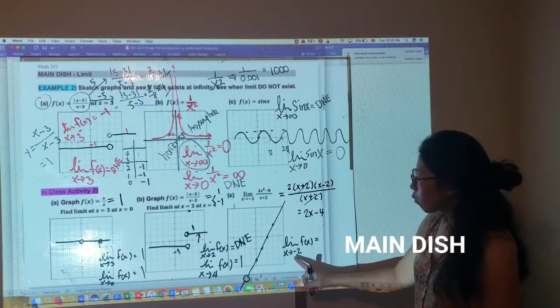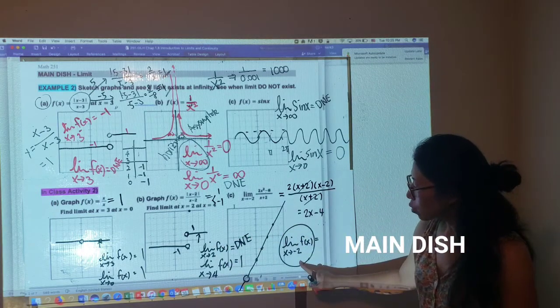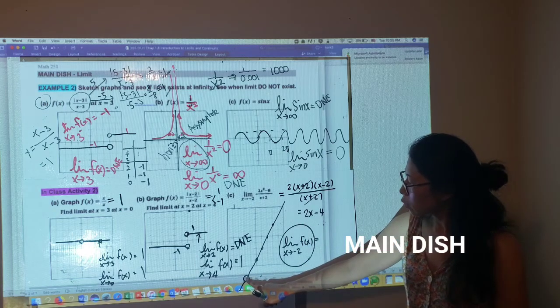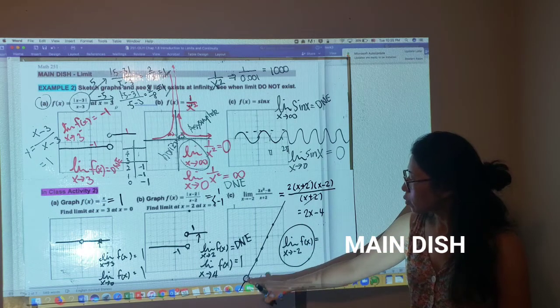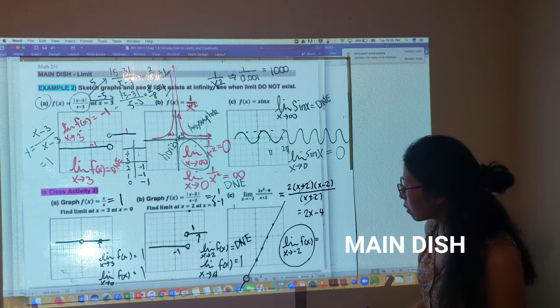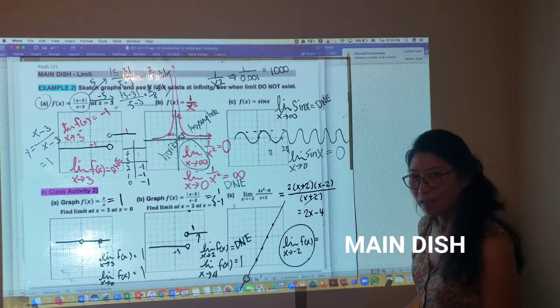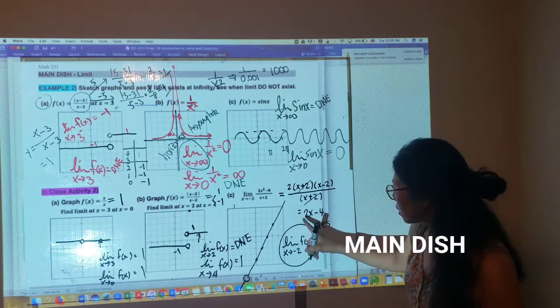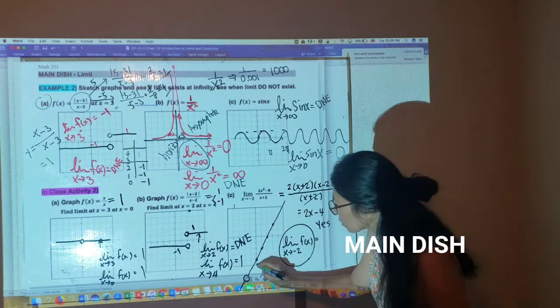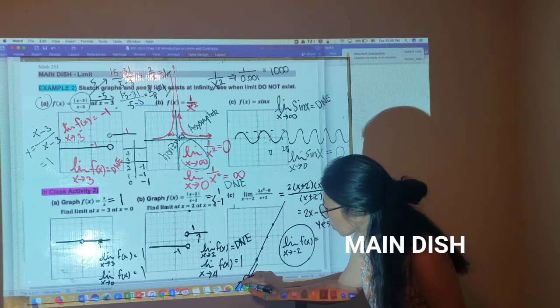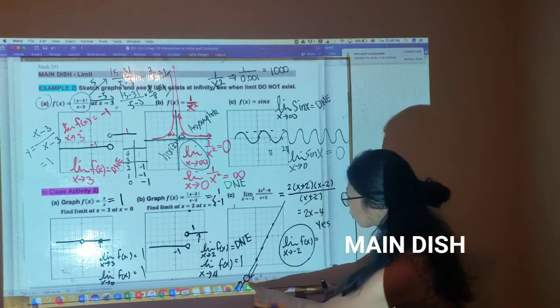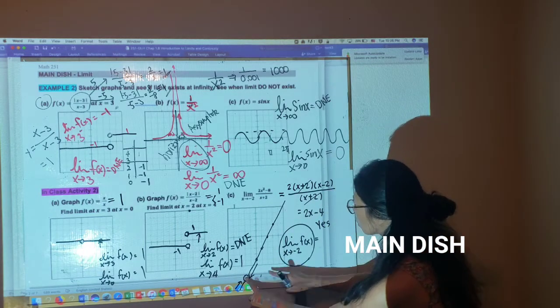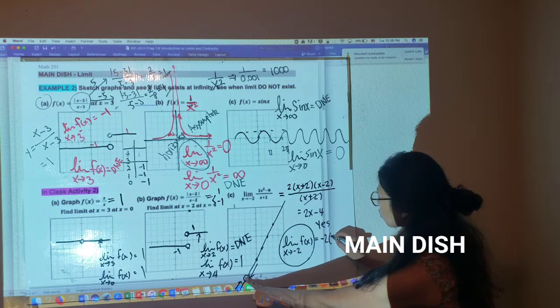Last one: what is the limit at negative 2? When I look at this one, do we have a limit? Yes, we do have a limit, because although it's not continuous, both directions are coming into the same number, which is 2 times negative 2 minus 4, which is negative 8.